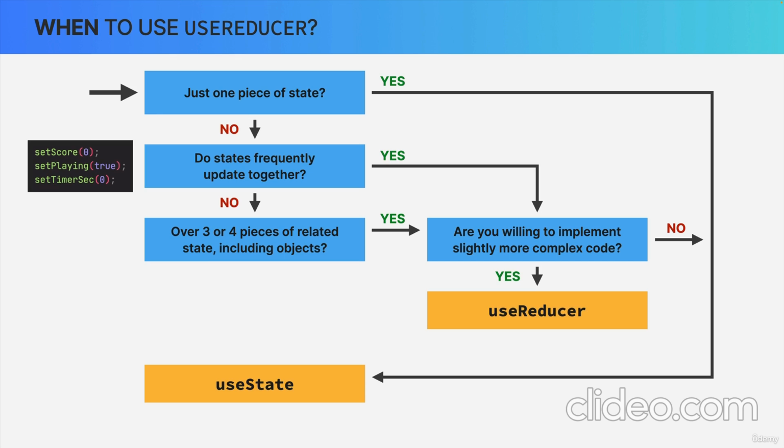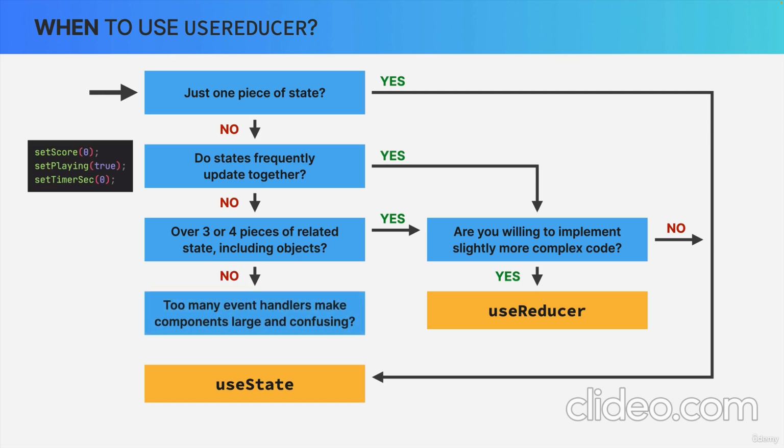Finally, our state might actually not be that complex, but we still feel like we have way too many event handlers that make the component and also its child components too large and too confusing. In that case, you might also consider going with useReducer. Otherwise, if the answer is no again, then useState is once again the way to go.